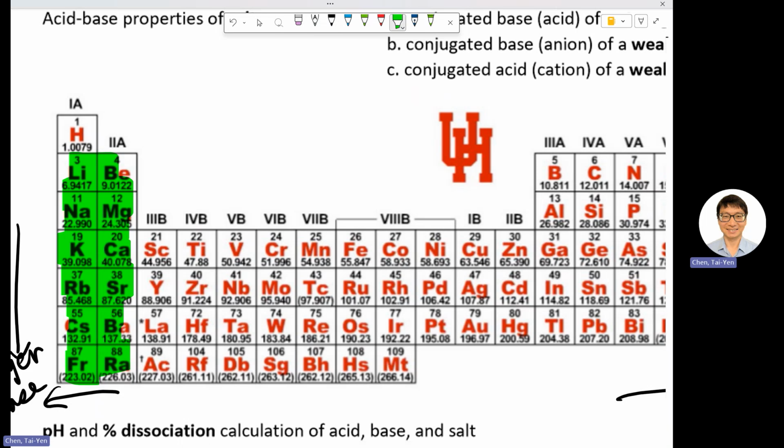So if you see these elements combined with hydroxide, for example LiOH, lithium hydroxide, or oxide, let's say magnesium oxide, or hydride, NaH, then if you see these combined with OH, O, or H, they are strong bases.